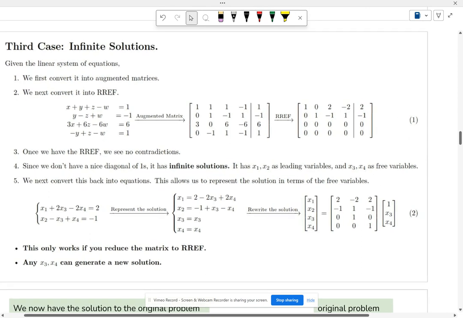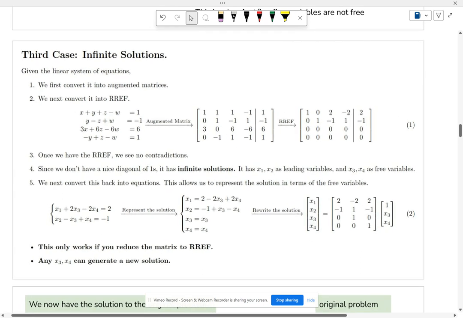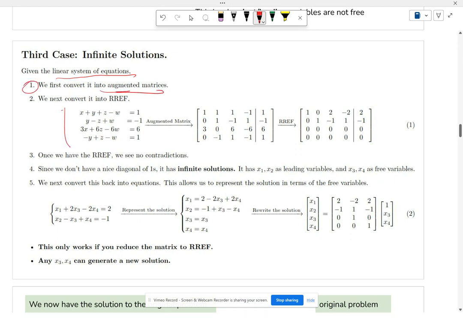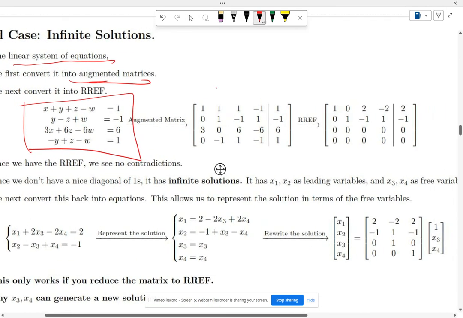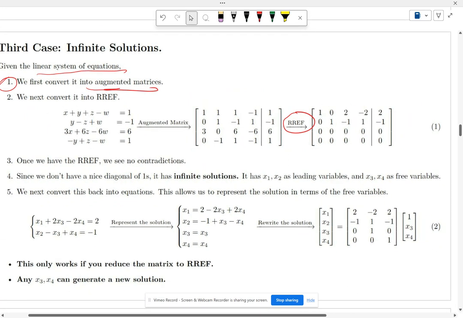Okay, let's see how they are solved. Given a linear system of equations, step one, we convert it into an augmented matrix. So here's a linear system of equations, and the first thing we do is convert it into an augmented matrix. After that, we find the reduced row echelon form. It's reduced row echelon form because it's diagonal.